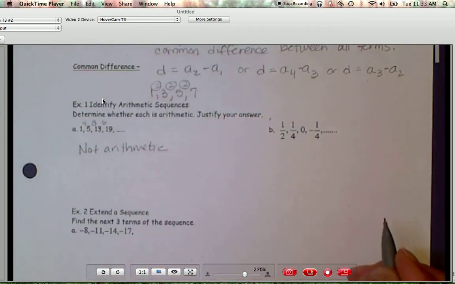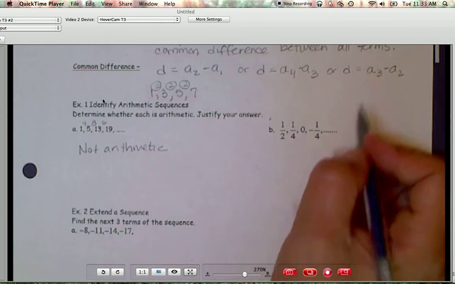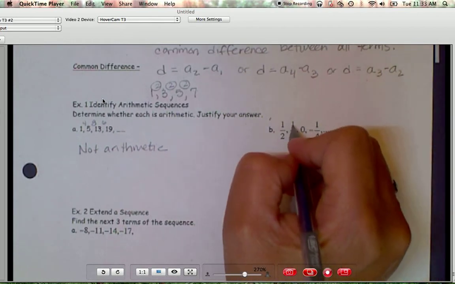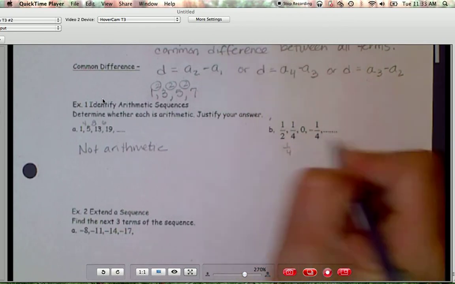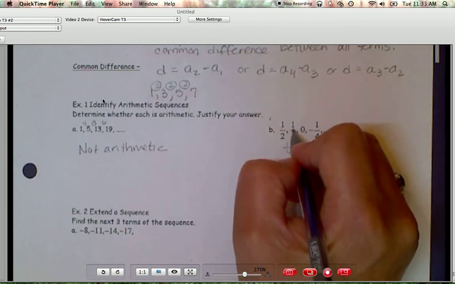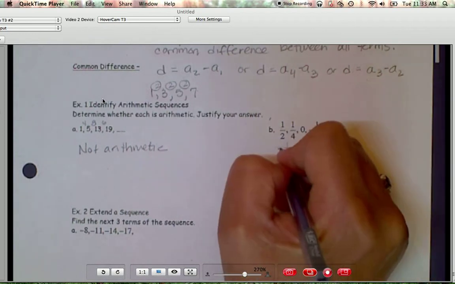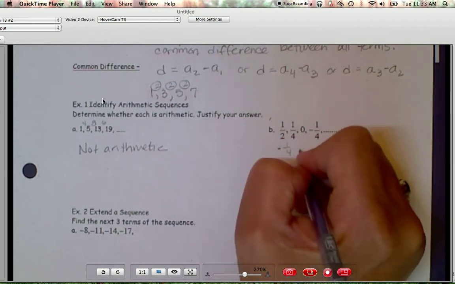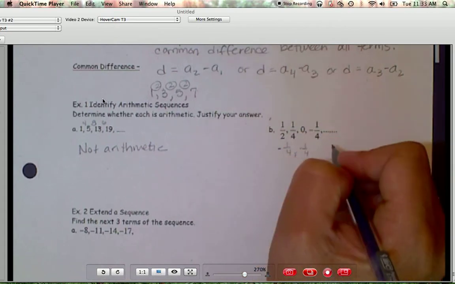Not arithmetic. Okay? Let's try this one. 1/4 minus a half, I'm sorry, this is negative 1/4. 0 minus 1/4 would be negative 1/4.